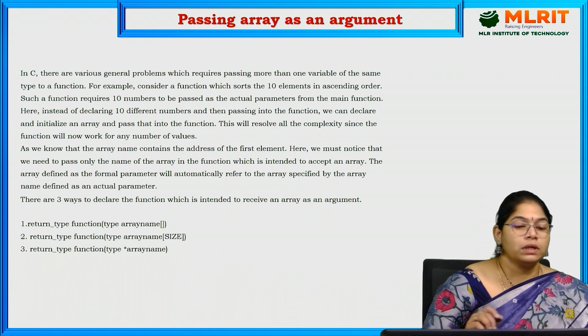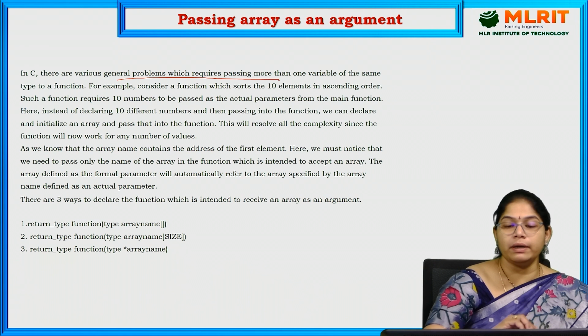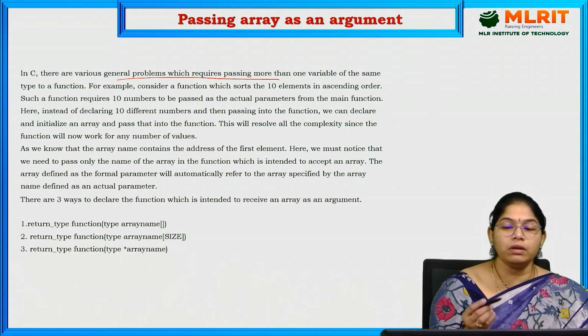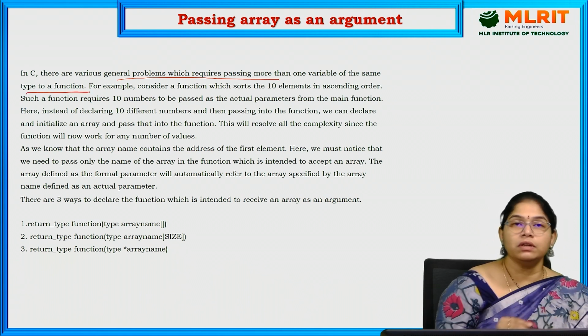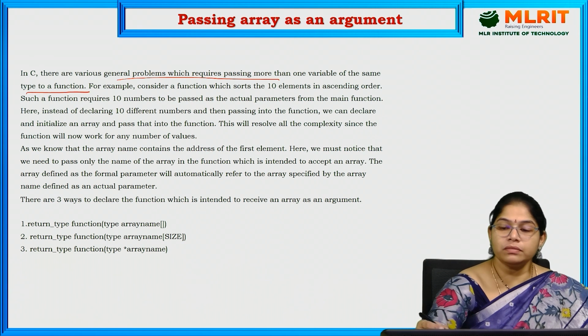In C, there are various general problems which require passing more than one variable of the same type to a function. If I want to store more than one value of that same type, then we have an array.